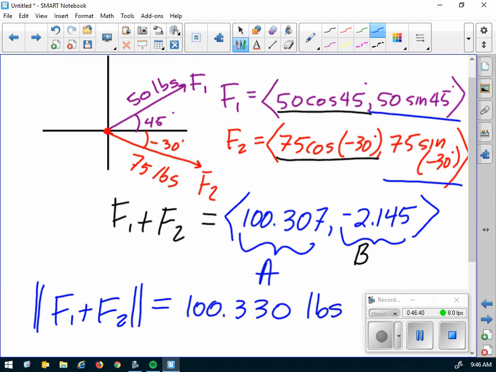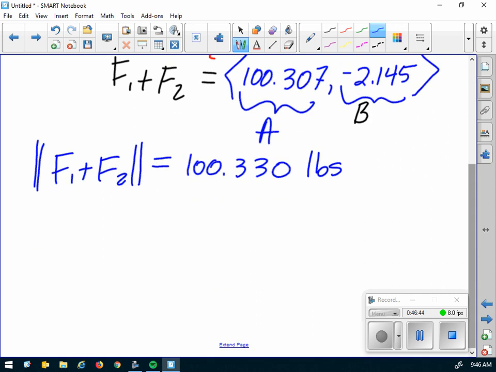Now, what about the angle? What'd you get for an angle? I got negative 1.225. Yeah. How do you do that?